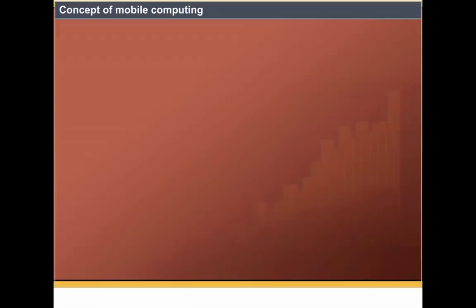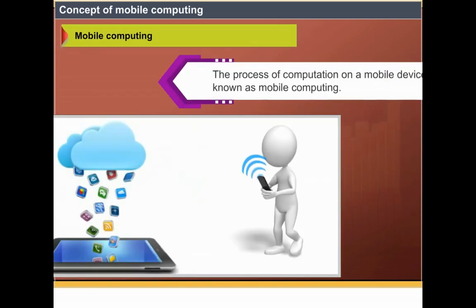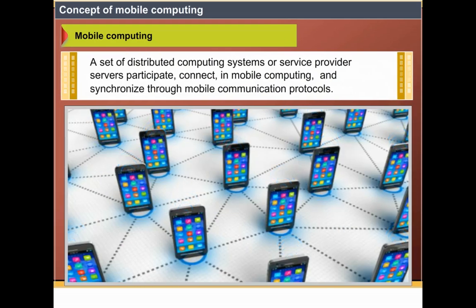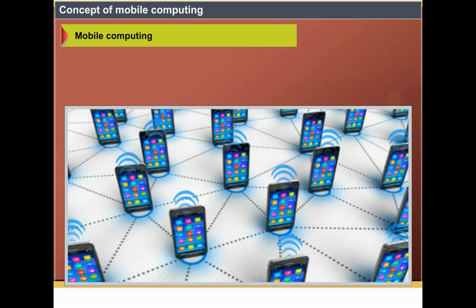Concept of mobile computing. Mobile computing, the process of computation on a mobile device. In mobile computing, a set of distributed computing systems or service provider servers participate, connect and synchronize through mobile communication protocols.